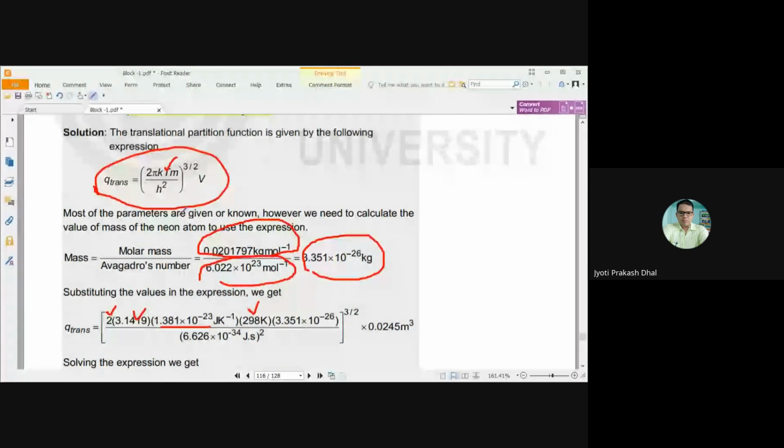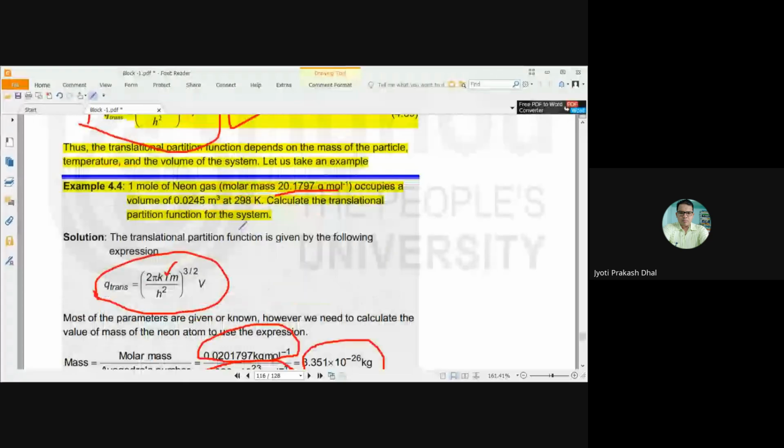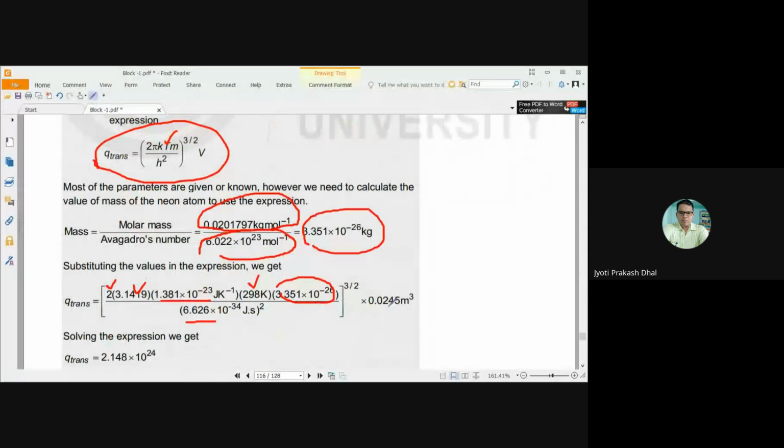And after that the mass of the neon atom, which we have calculated. This one divided by h square. H is nothing but Planck's constant, 6.626 into 10 to the power minus 34 joule second, and its whole square into volume. So here in the question the volume is given as 0.0245 meter cube.